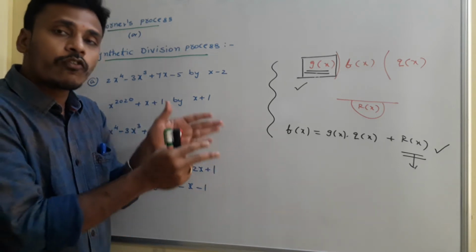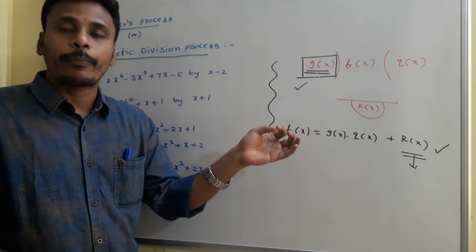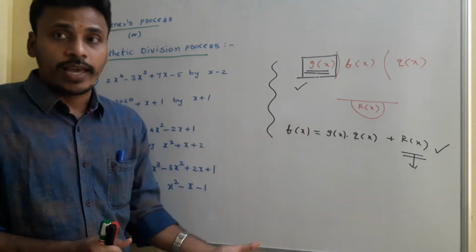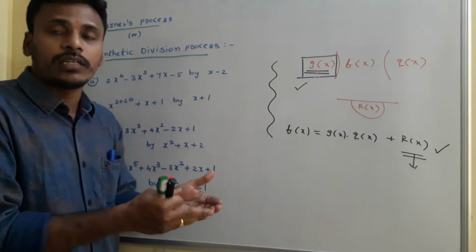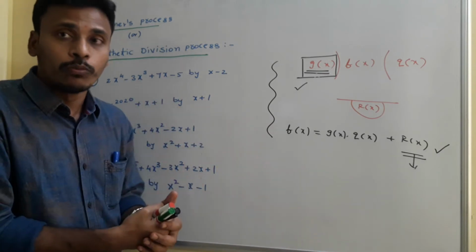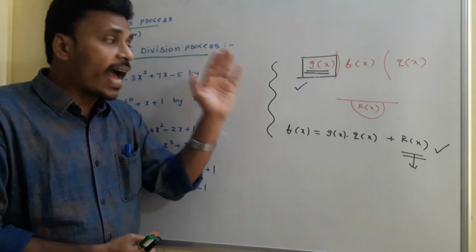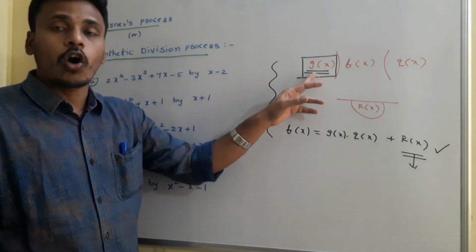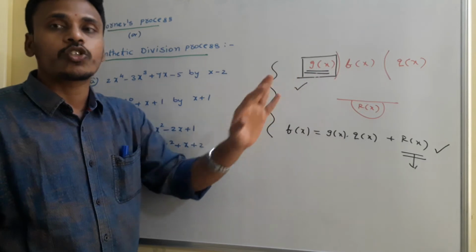If the divisor is linear, we move in one way. If the divisor is quadratic, we move in another way. If the divisor is cubic, we move in another different way. If the divisor is of first degree, we have one approach; of second degree, another approach; of third degree, another different approach. But the actual division process is the same for the divisors of all degrees.